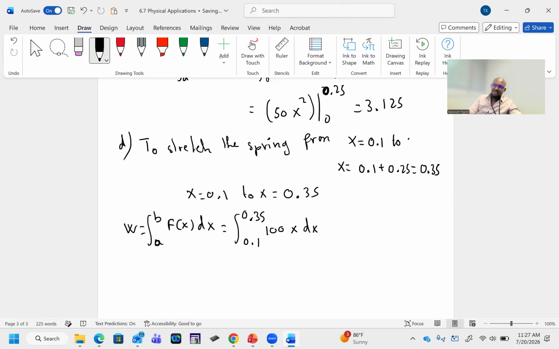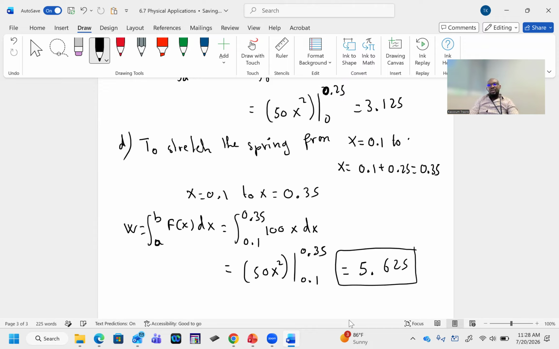And that will give us 50x squared from 0.1 to 0.35. Use your calculator, pause, and then use your calculator again. So which would give us 5.625.